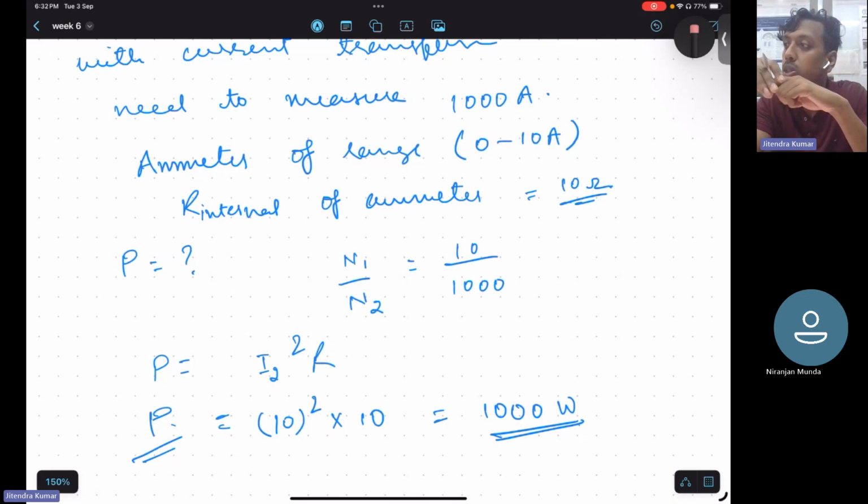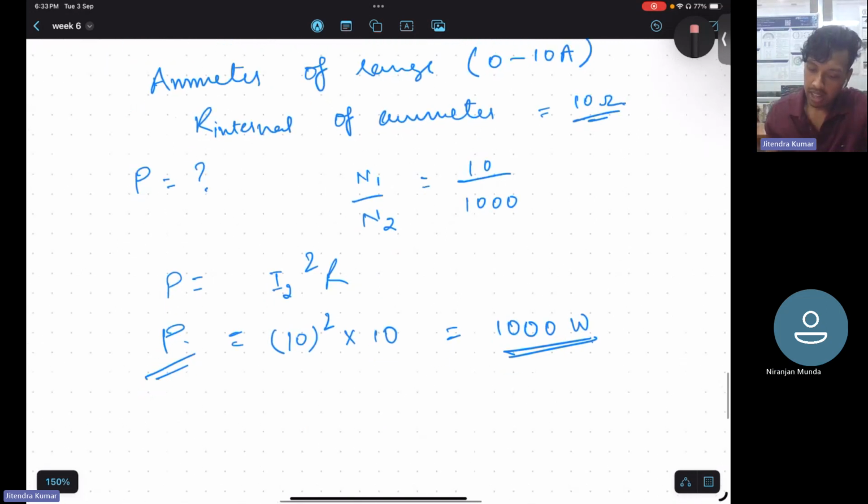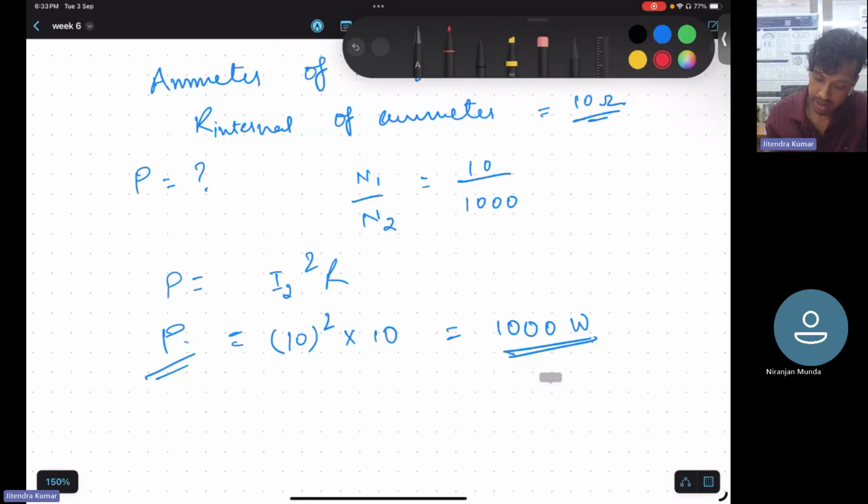Compensating coils should be used there because of these much losses, since while measuring itself, if you are going to lose 1000 watt, then it is a serious issue, right? Yes, sir.